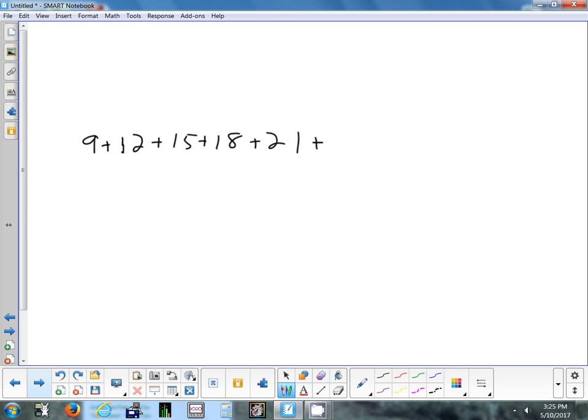And I've got to stop somewhere, so I'll do one more term. We'll stop there. So that's the first, second, third, fourth, fifth, sixth. So write in sigma notation.